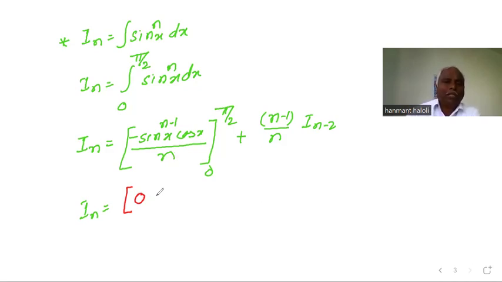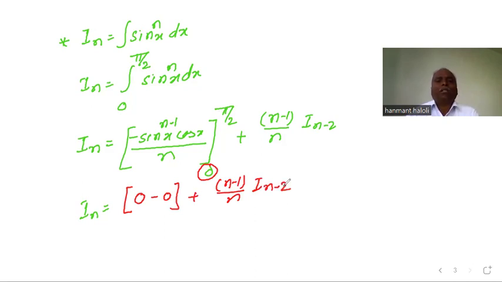Now here, by putting the upper limit pi by 2, the whole term goes to 0. Similarly, go for the lower limit: put x equal to 0, sine 0 is 0. Then we get the second term, (n minus 1) upon n into I(n minus 2).